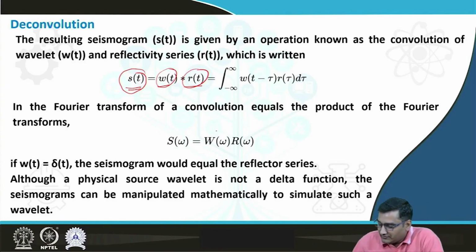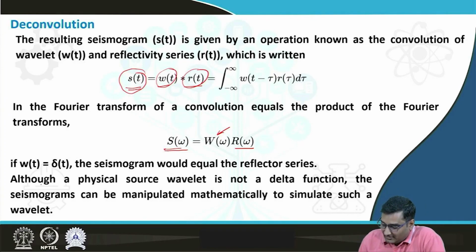Suppose this W(ω), the wavelet, becomes the delta function δ(t), the Dirac delta function. Then your seismogram will become equal to the reflectivity series of the earth. That is what we want: we want our seismogram to show the reflectivity series of the earth.